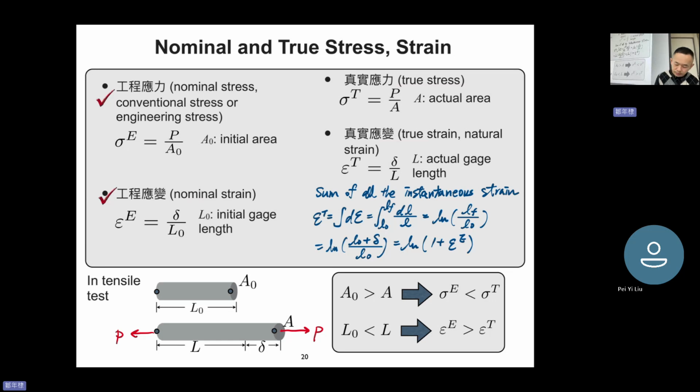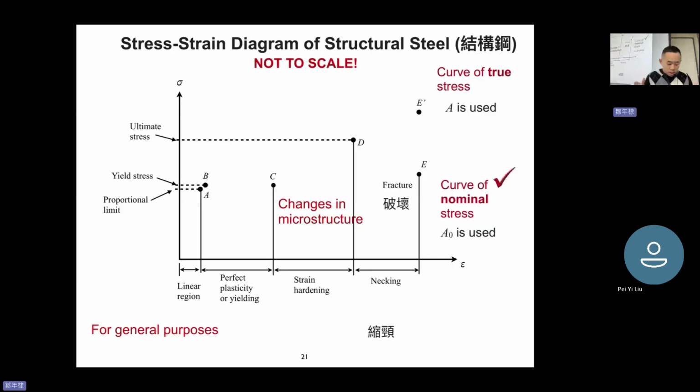Next one. Stress strain diagram of the structural steel. Okay, sorry, this is not to scale. We draw it here just for you to understand all the steps. So the y-axis is sigma stress, and epsilon is the x-axis.